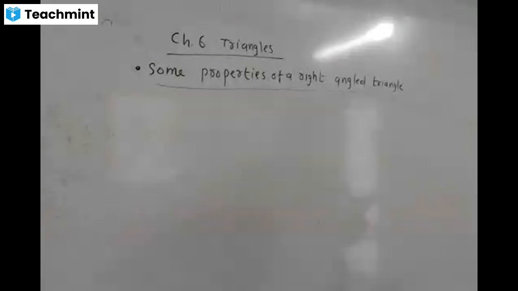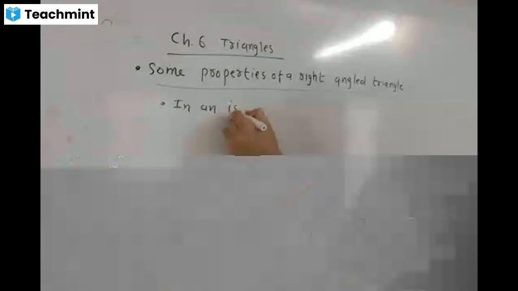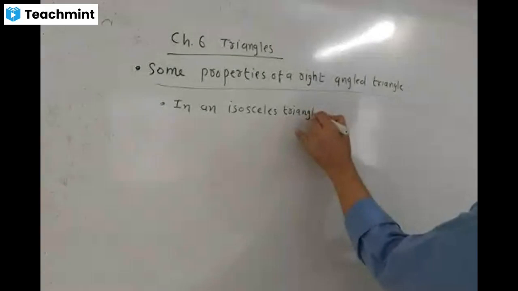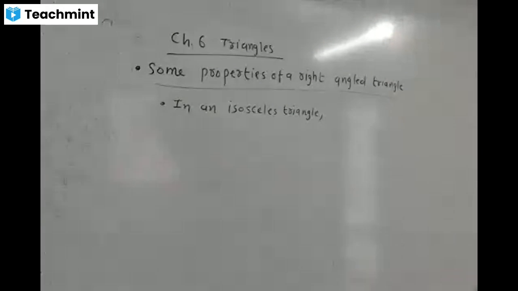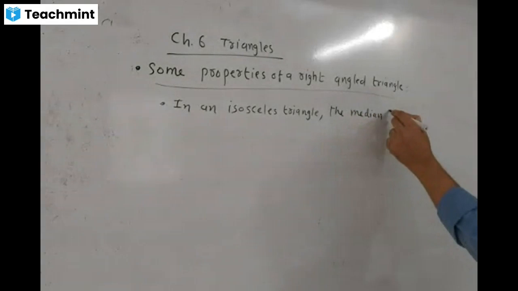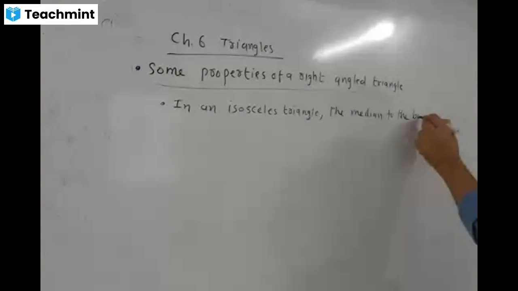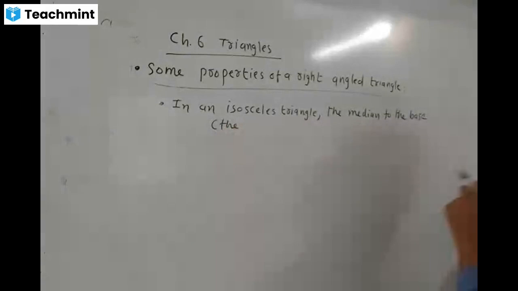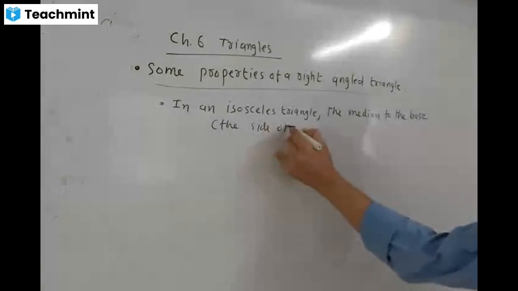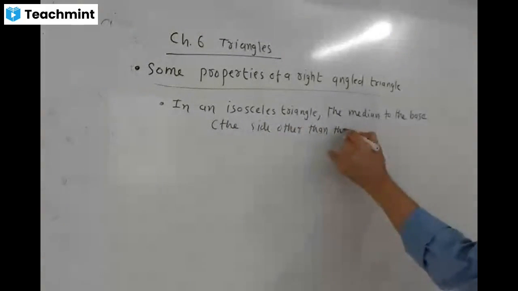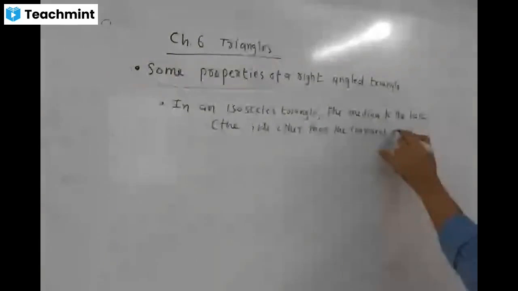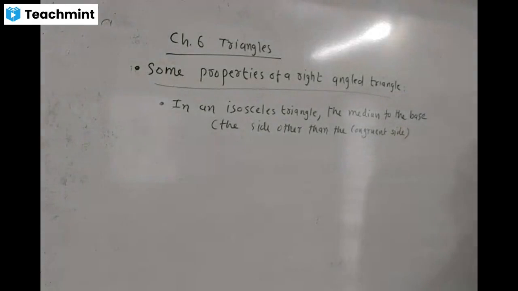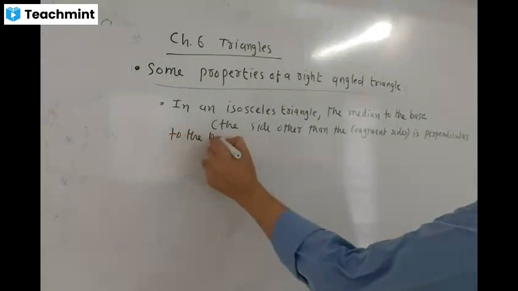चलो next one. In an isosceles triangle, the median to the base, the side other than the congruent side, is perpendicular to the base.